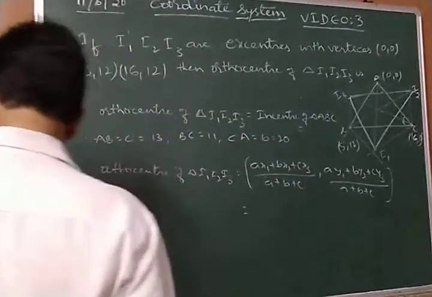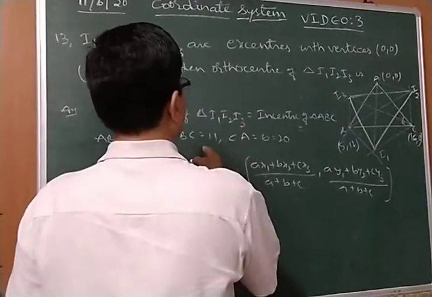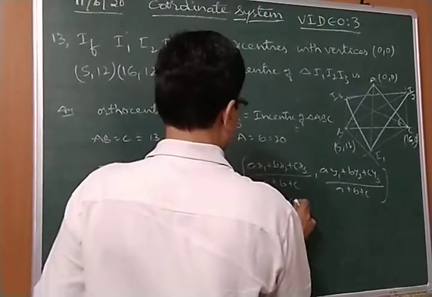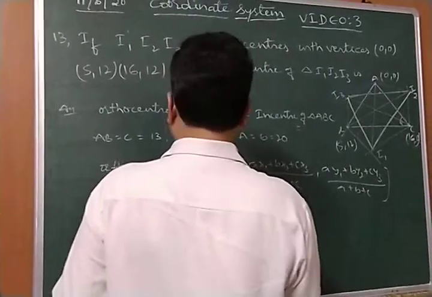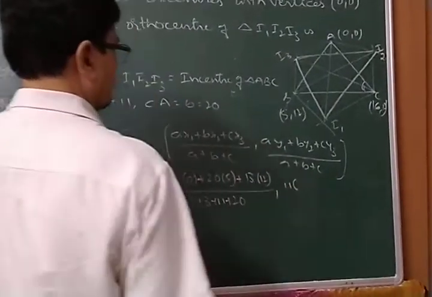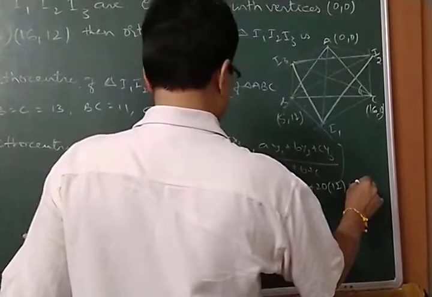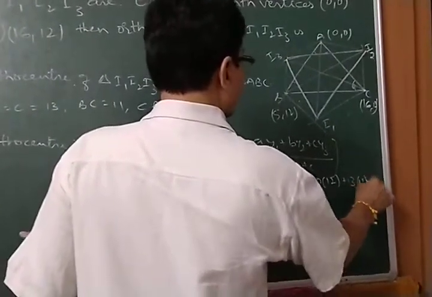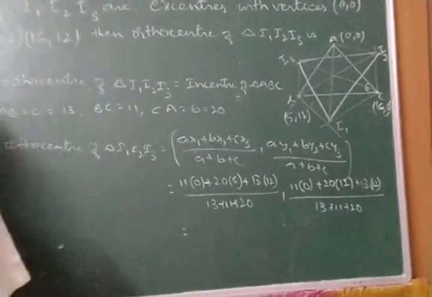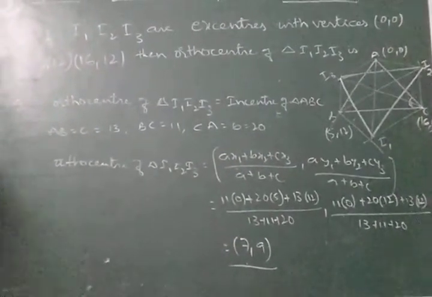That is, with a as 11, b as 20, c as 13: (11 into 0 plus 20 into 5 plus 13 into 16) by (11 plus 20 plus 13), and (11 into 0 plus 20 into 12 plus 13 into 12) by (11 plus 20 plus 13), that is equal to (7, 9). That is the orthocenter of the triangle I1, I2, I3.